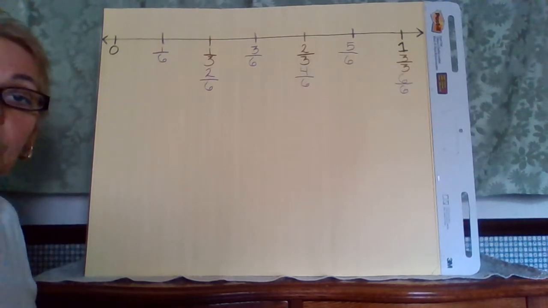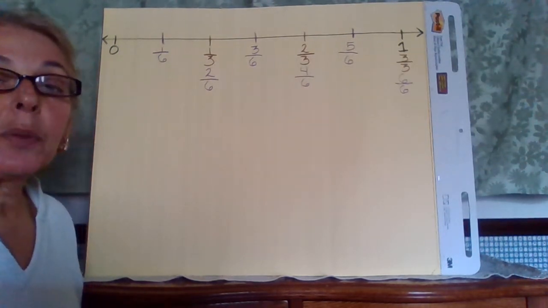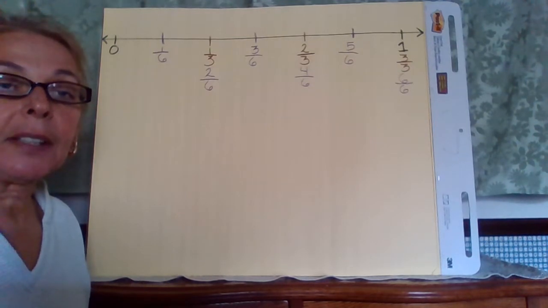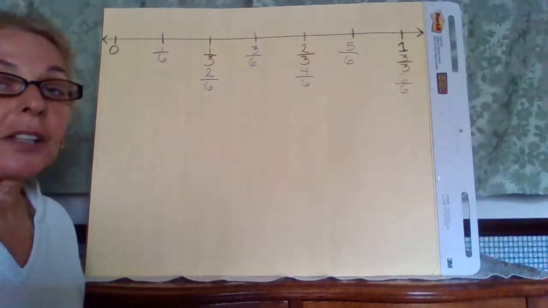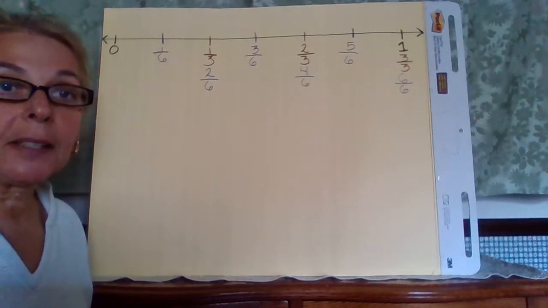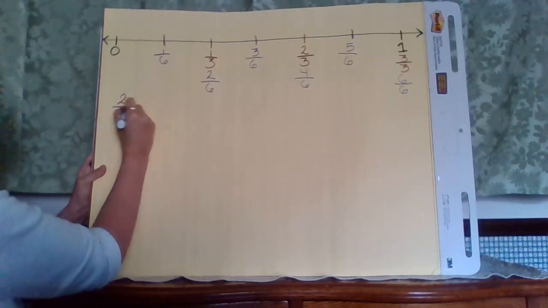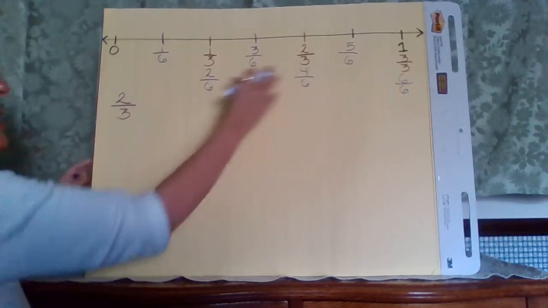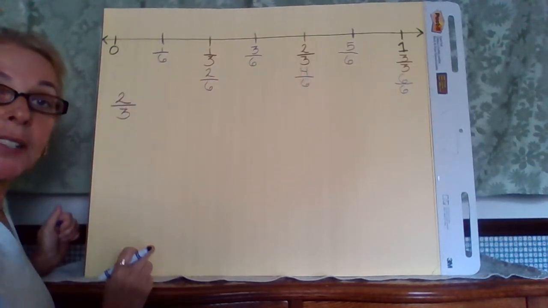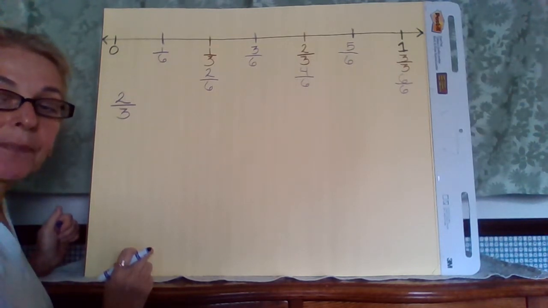So we did that on a number line, but how would we do that mathematically? If I wanted to find an equivalent fraction for, let's take 2/3. What I did was I doubled the number of parts that I had on my number line.